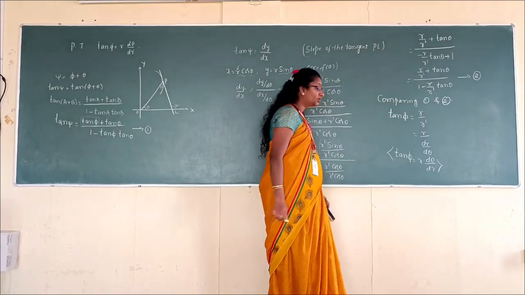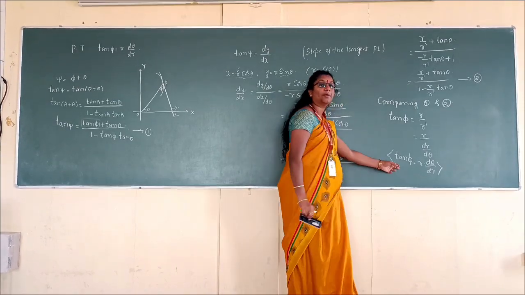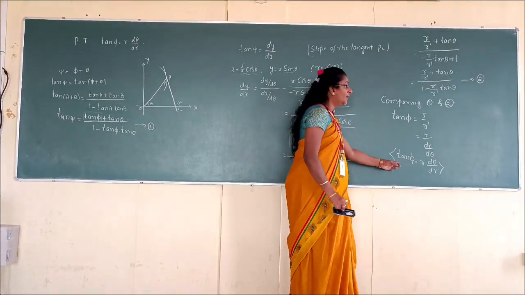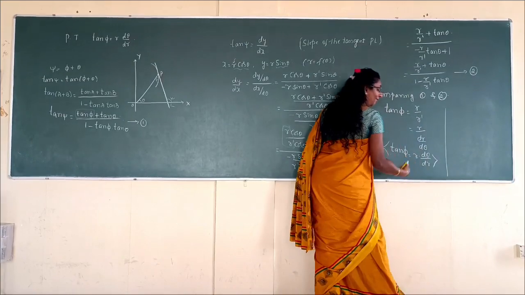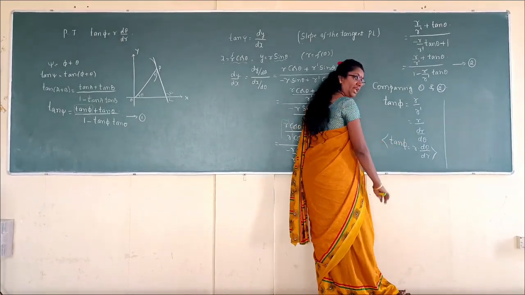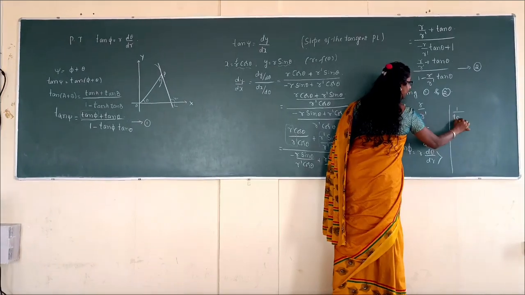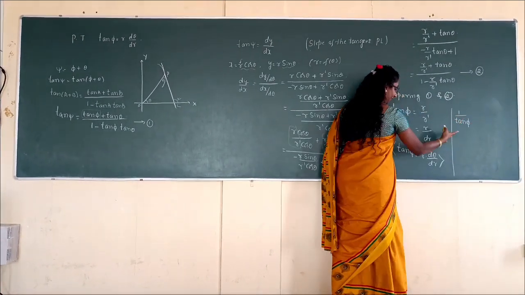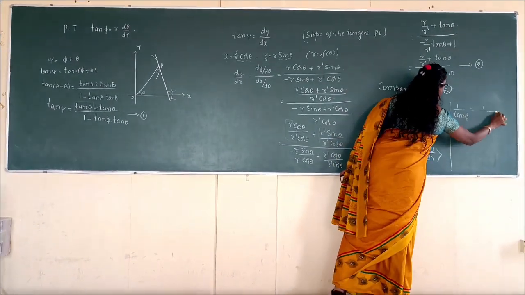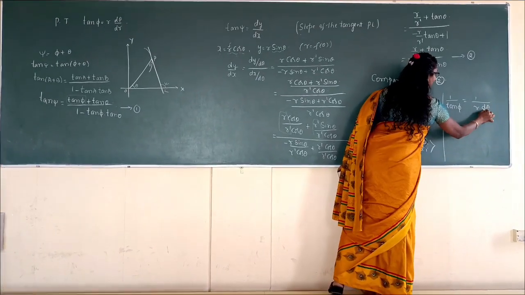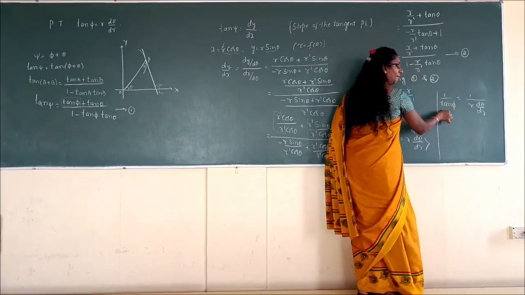Sometimes they will mention cot phi equal to 1 by r dr by d theta. What we have to do in that case is take the reciprocal. When we take the reciprocal, we have 1 by tan phi equal to 1 over r into d theta by dr. What is 1 by tan phi?